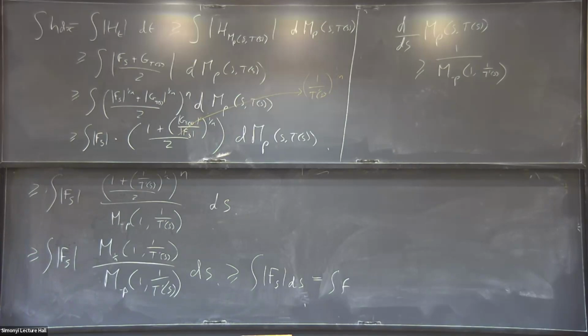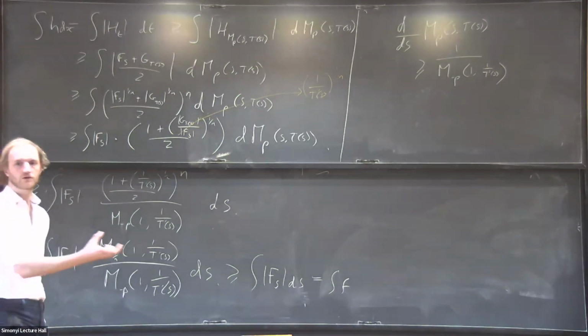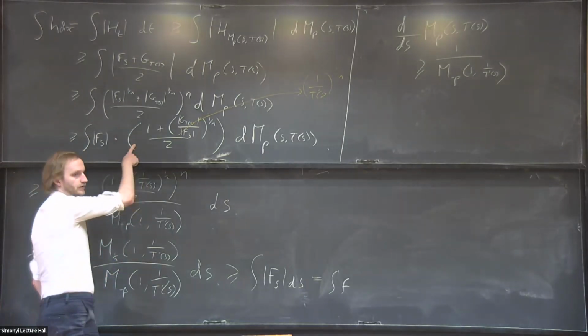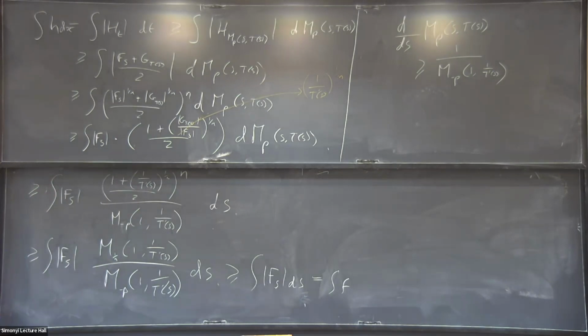So this crucially uses, in a way, the only real input into this proof is the Brunn-Minkowski inequality in this step. But this proof, of course, also gives a lot of stability.